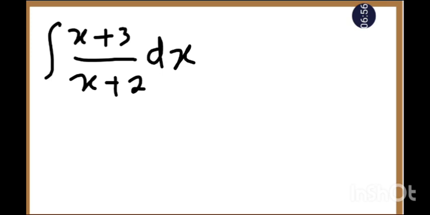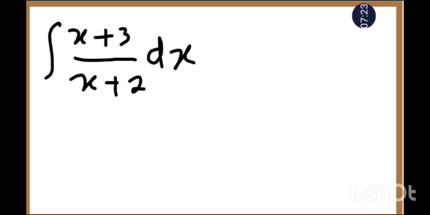Now in this case, if you look at this fraction, the degree of the numerator is the same as the degree of the denominator. That's degree 1 here. When you have this nature, you express it as a fraction with other parts, either using long division or using other tricks.